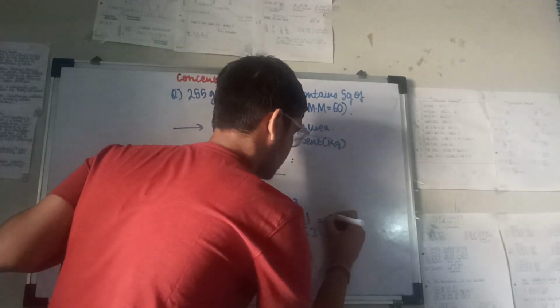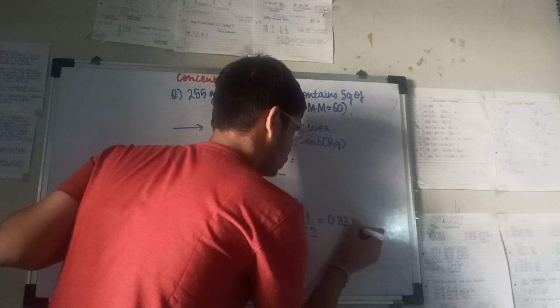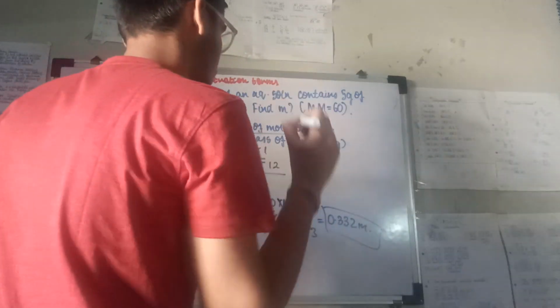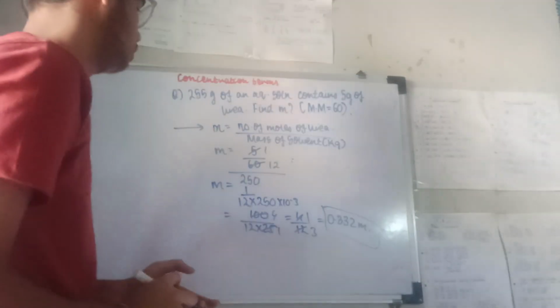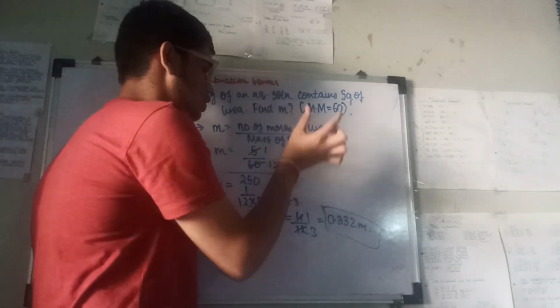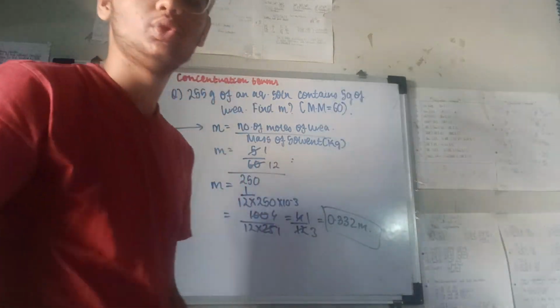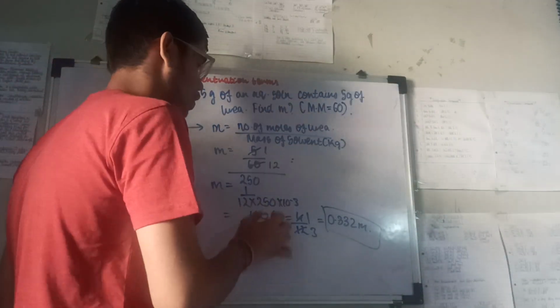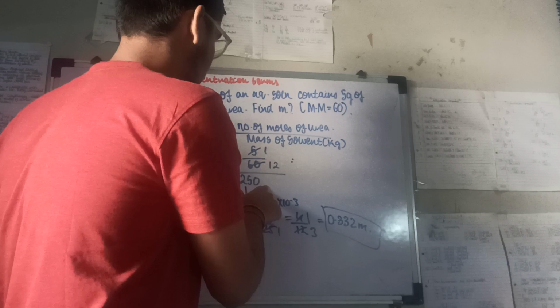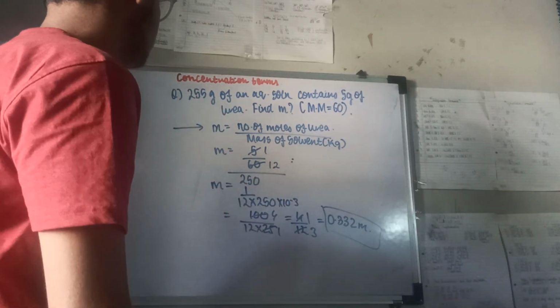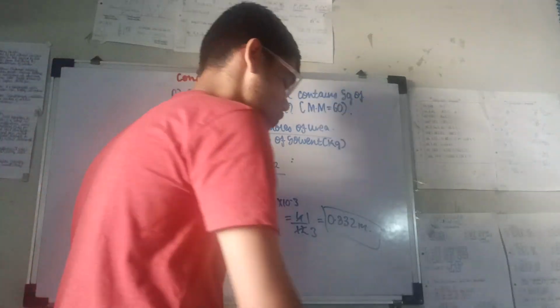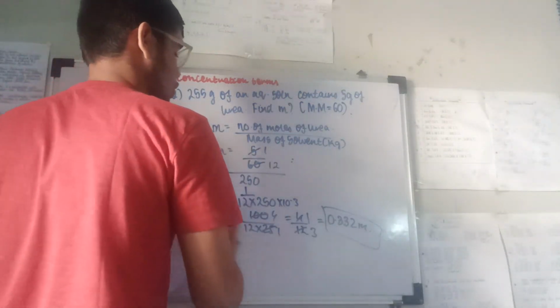So 1 by 3 I can write as 0.332. Yes, 0.332 is the answer. So you have to always take the mass of solvent in kg. I did it like that so that you can analyze the mistake you are making. You should not consider this in grams but in kgs. So this was the second question. Now let's deal with the third question.